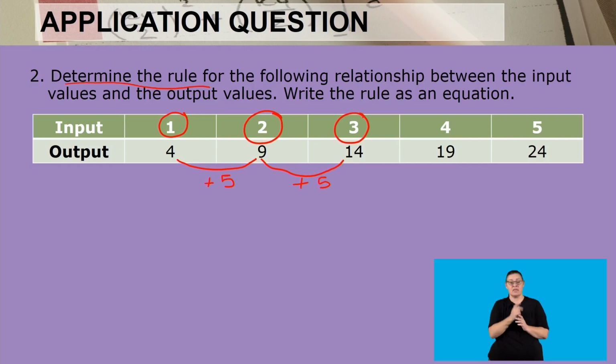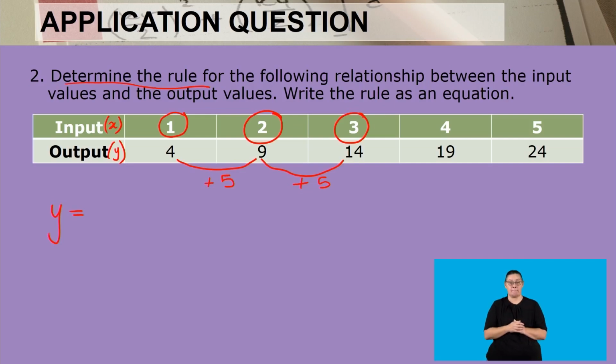Now remember, the input value is represented by an X and the output value is represented by a Y. So the same as we did with the number patterns, we are going to find the output value. And how are we going to find the output value?